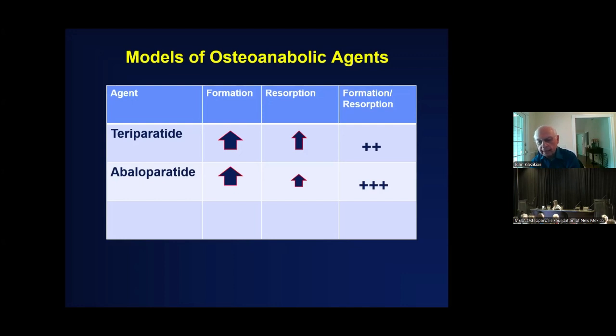But I think much more important is how these anabolics are affecting bone. And as I indicated before, without rules or recipes, eventually, whether you use teriparatide or abaloparatide, eventually the drugs are not going to be anabolic. Their effect on bone metabolism is going to be controlled. Bone doesn't want to build itself forever.